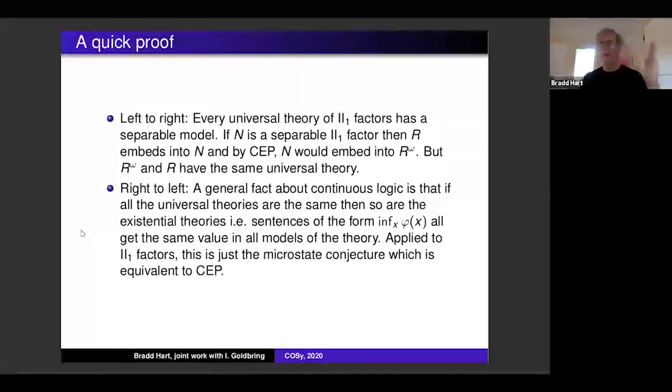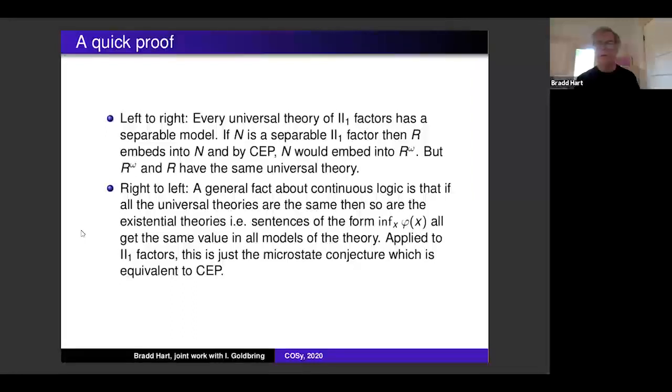So if I start evaluating that in R, the value of that thing just gets larger when I go to N, and it gets larger still when I go to R to the omega. But R and R to the omega have the same universal theory. So the universal theory of N gets squashed in between. There's nowhere for it to move. So N would have the same universal theory as the universal theory of R.